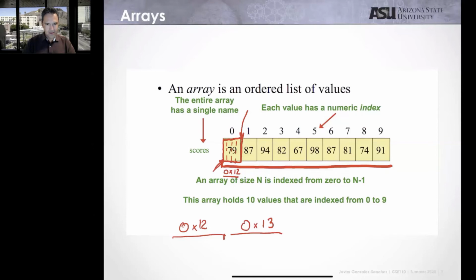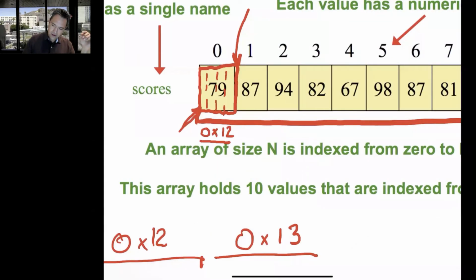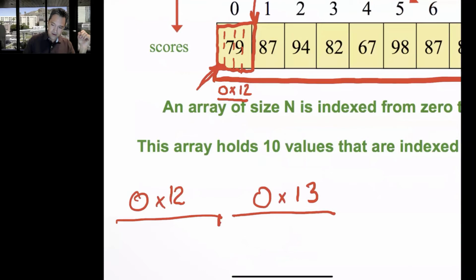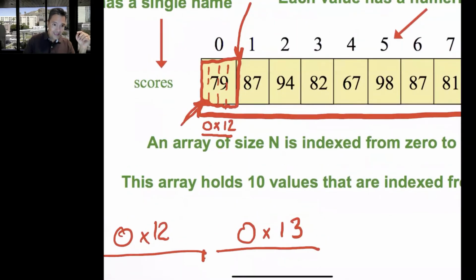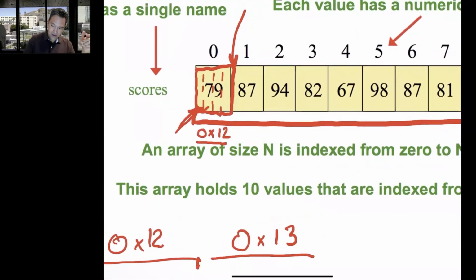So now that we know that, this one is the first byte, the 12, but then we continue and the 13 is really part of the same, 14, 15.